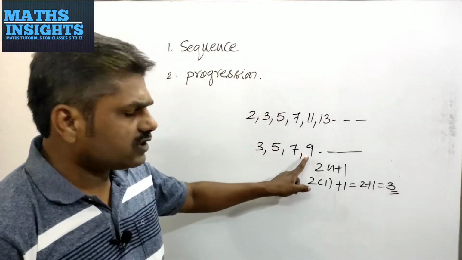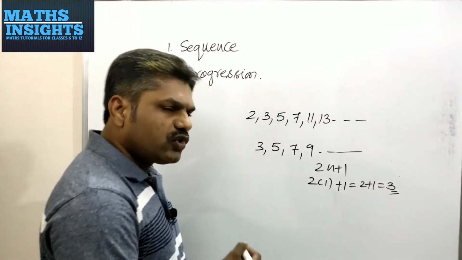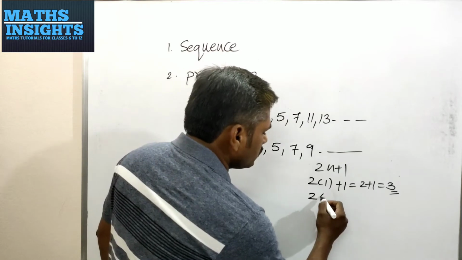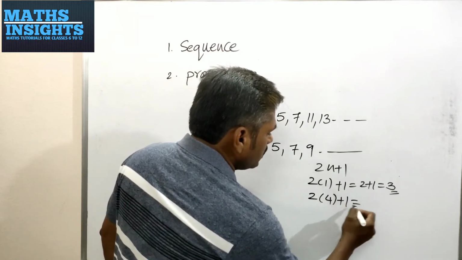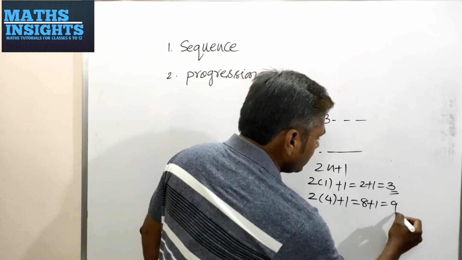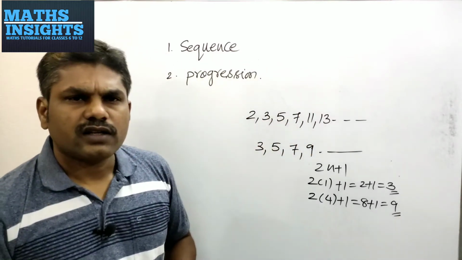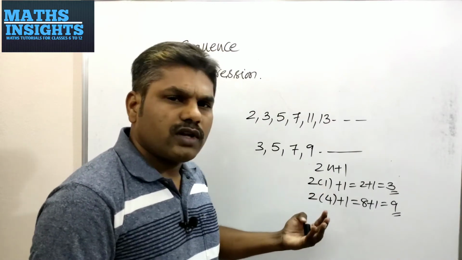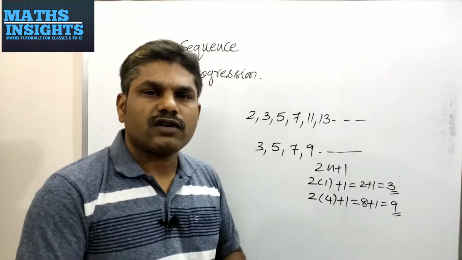If you want the fourth term, that is 9, put n equals 4: 2 into 4 plus 1, 2 fours are 8 plus 1, that is 9. In this manner, you will get a particular term by using a formula. That type of sequence is called progression.